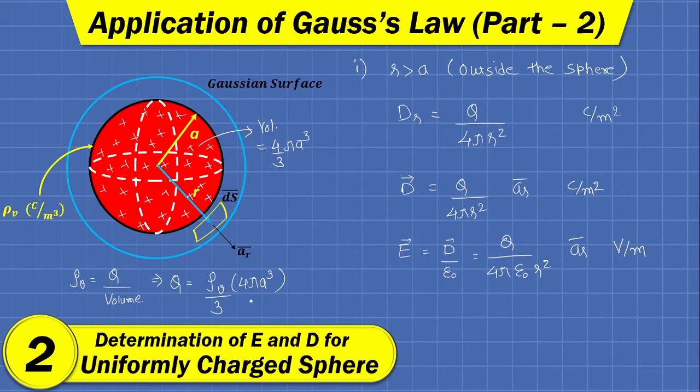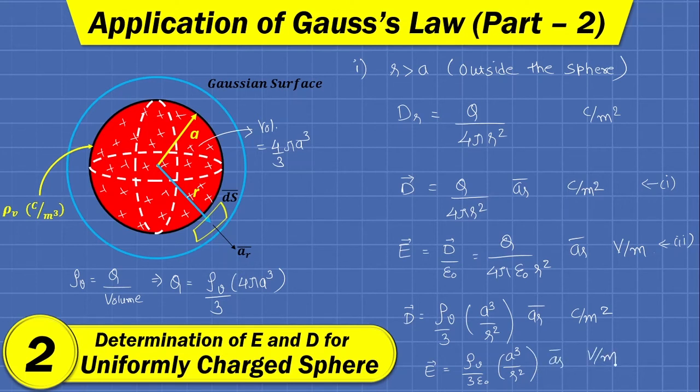Putting this value of q in equations 1 and 2, we will have D bar equals rho v by 3 into a cube upon r square ar bar coulomb per meter square, and E bar will be equal to rho v by 3 epsilon naught a cube upon r square ar bar volt per meter.